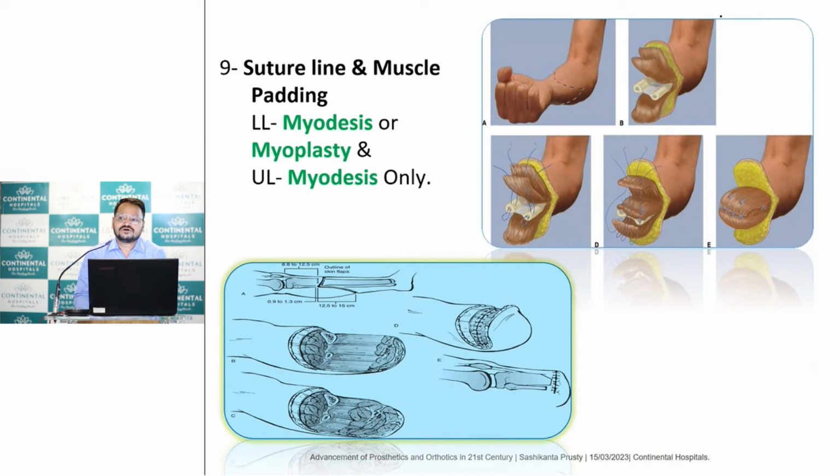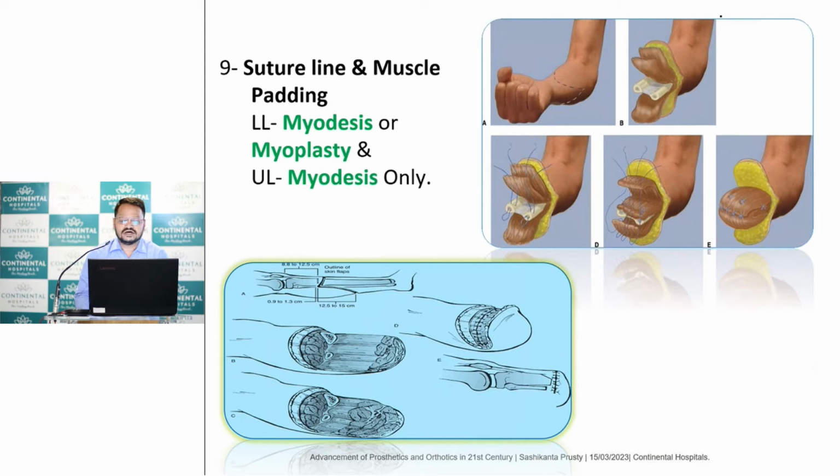When we think about a myoelectric or bionic hand, we specifically need some muscle co-contraction, and muscle co-contraction always happens well in myodesis. Normally for upper extremity, myodesis, and for lower extremity, myodesis or myoplasty will be fine, but myoplasty is the best for lower extremity.